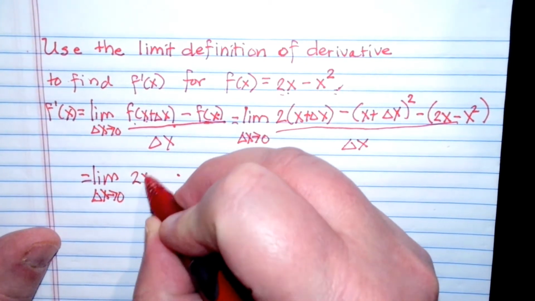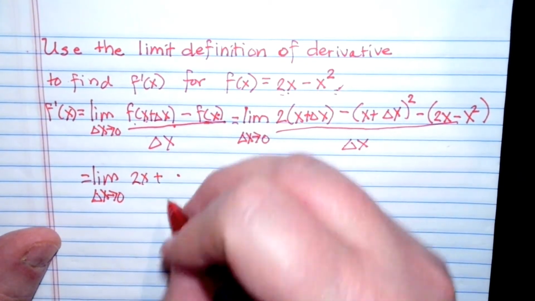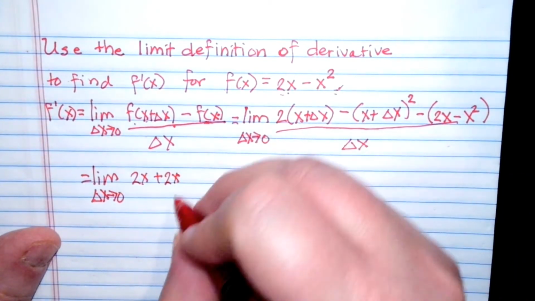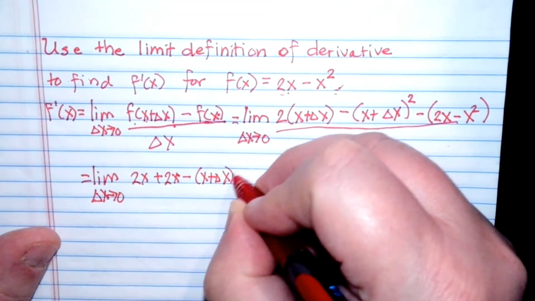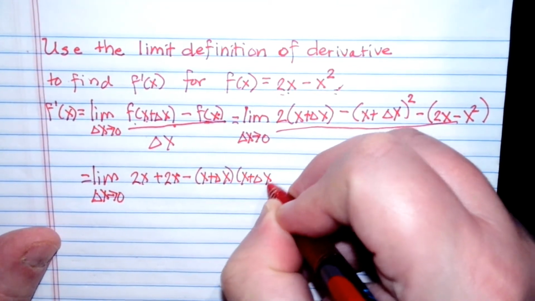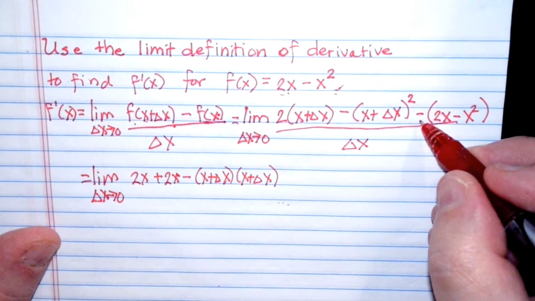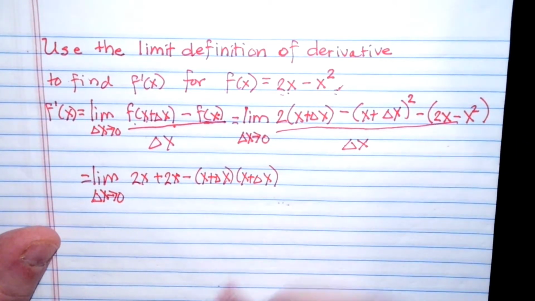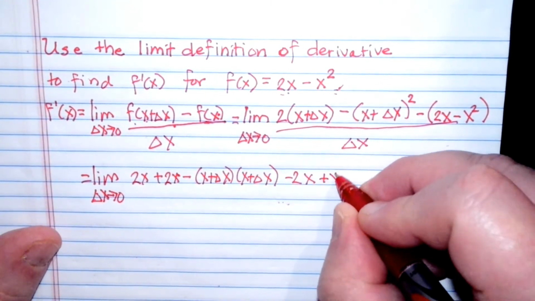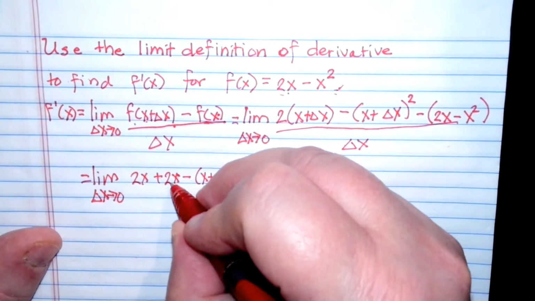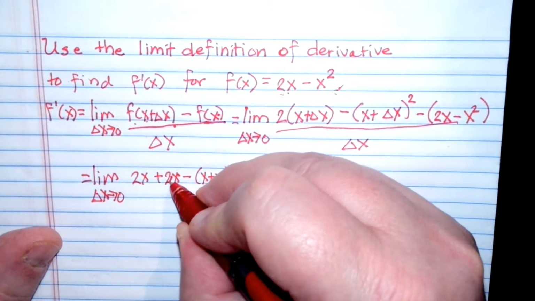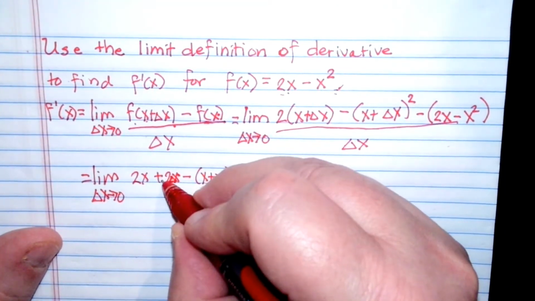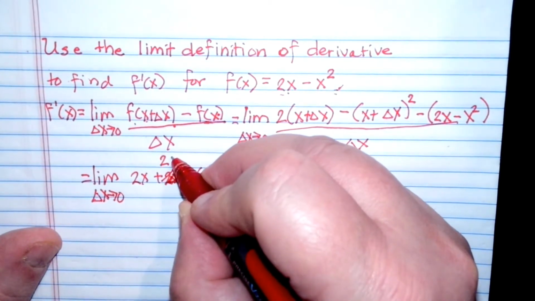That's going to be 2x plus 2 delta x minus x plus delta x times x plus delta x. And I'm going to distribute this negative across here, so that's going to give us minus 2x plus x squared. Something's wrong. I should have a delta right in there. I'll rewrite that so you can see it more clearly.